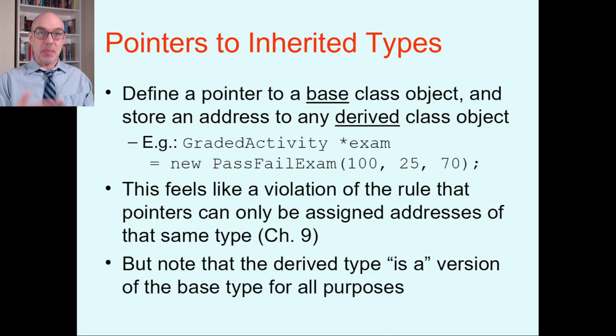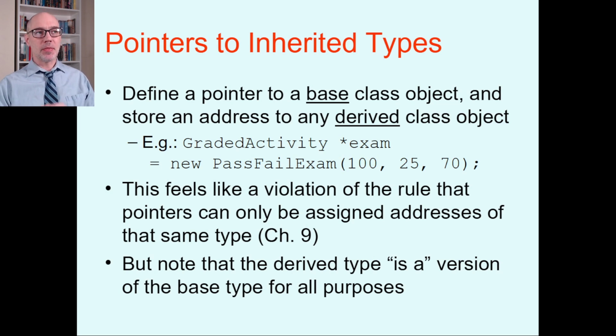A pass-fail exam is a special type of graded activity. So conceptually, at least, it makes sense that when you make a new pass-fail exam, you do have a graded activity. And that's why C++ will actually allow you, in this one specific case in a class hierarchy, to store that in the base class pointer type.